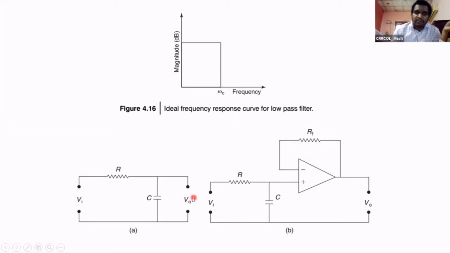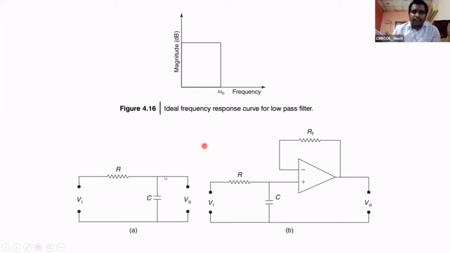In the case of the passive filter, the output voltage is reduced. That is the disadvantage of the passive filter. Here the output is more than the input, because after passing these elements the output voltage is less, but we get some gain through the operational amplifier. That is the advantage of active filters.